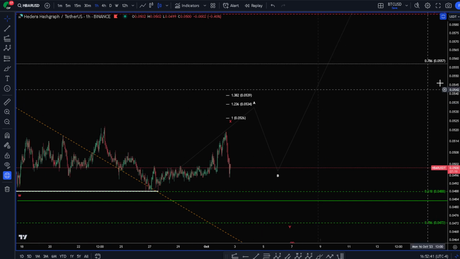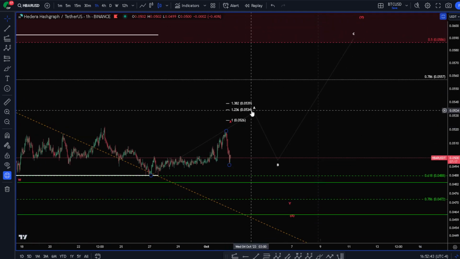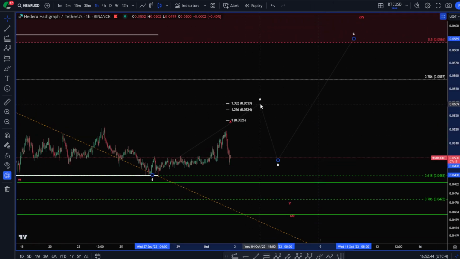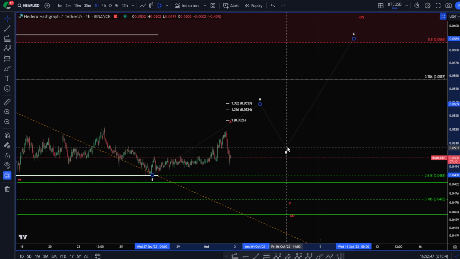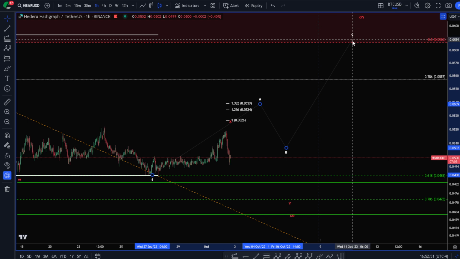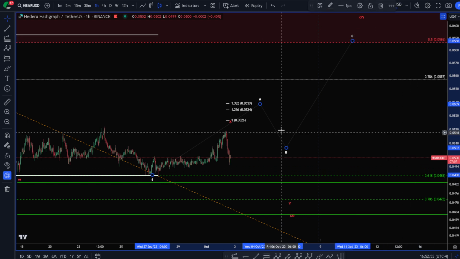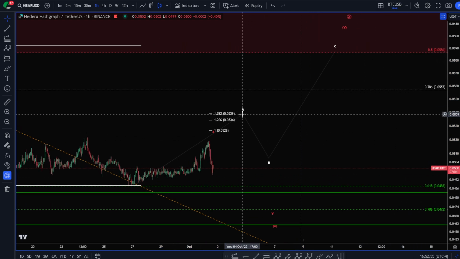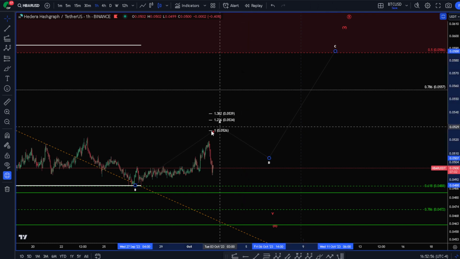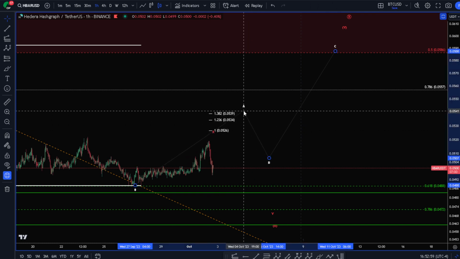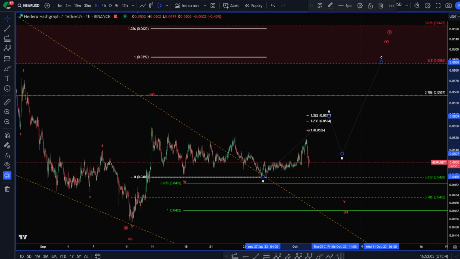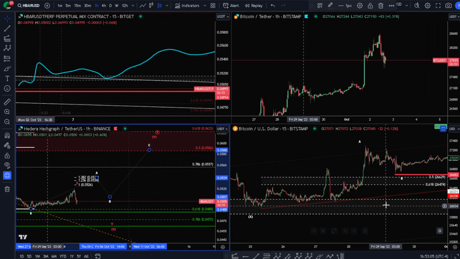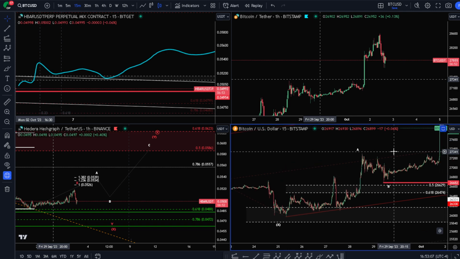All that would do is make a larger A wave up to probably between the 1.236 and 1.382 correction back for our B wave, and then we get our C wave up like so. Originally I had it over this as the A wave, can just get extended up like so. And I'll show you that again on Bitcoin.